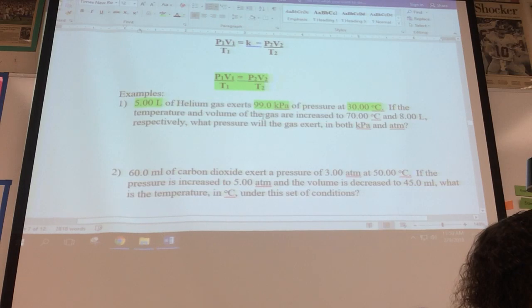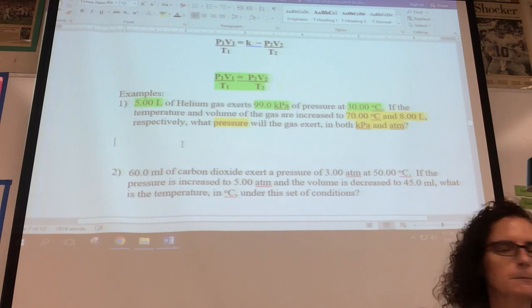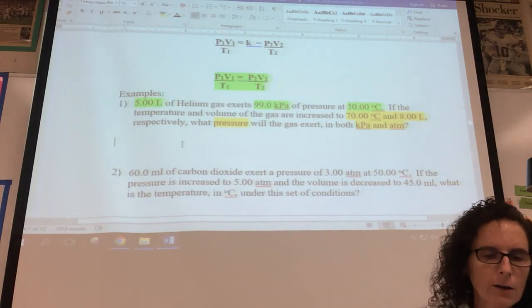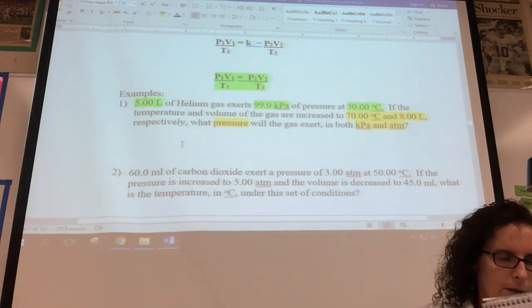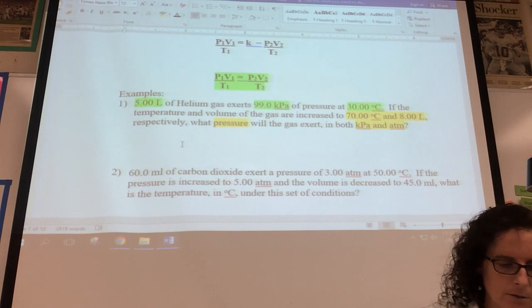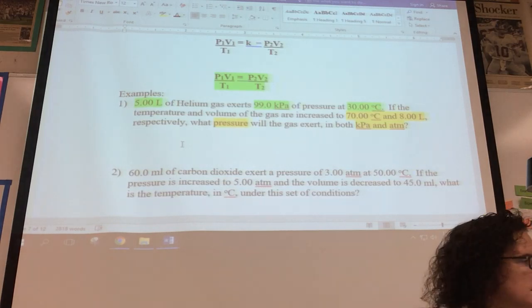If the temperature and volume of the gas are increased to 70 degrees Celsius and 8 liters, here's the second set, we want to know the pressure that the gas exerts, and I'm also asking for a conversion here. So there's a lot going on there. Let's get the information down and see if we can process it.